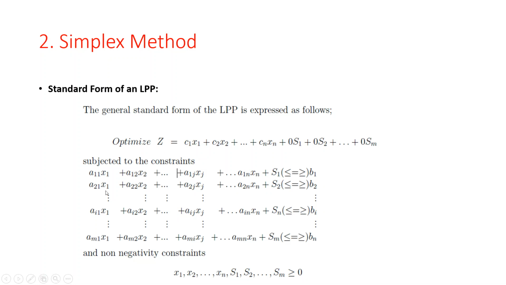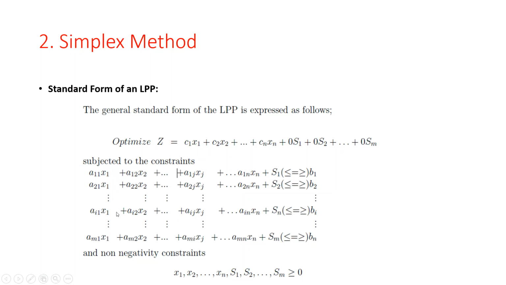This maximize objective function is subject to some constraints. There are m constraints: a11 x1, a12 x2 and so on, and here we are adding the slack or surplus variables.